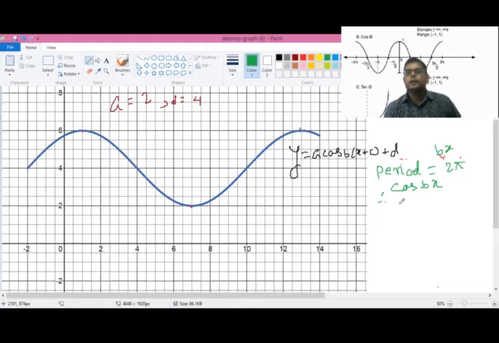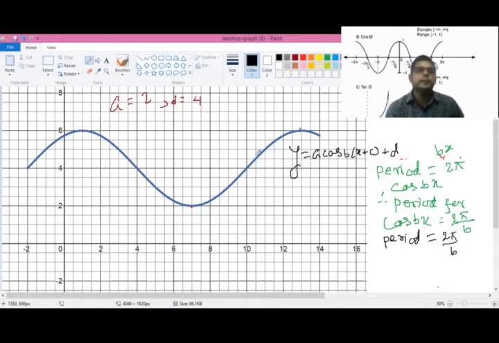Therefore the period for cos bx will be equal to 2 pi by b. In general, the period of this graph is 2 pi by b.